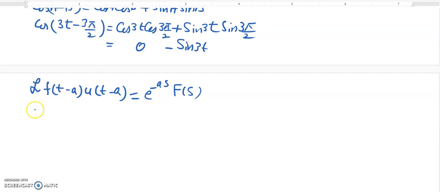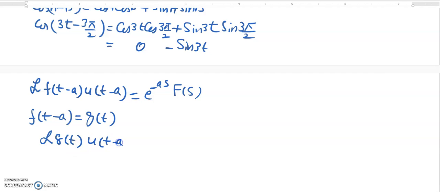So we assume that f of t minus a is equal to another function g of t. Then we try to find the Laplace of g of t times u of t minus a by the integration method.